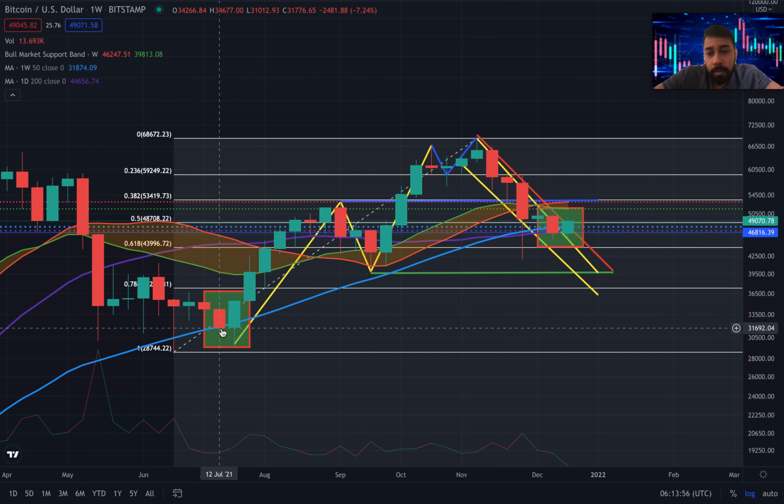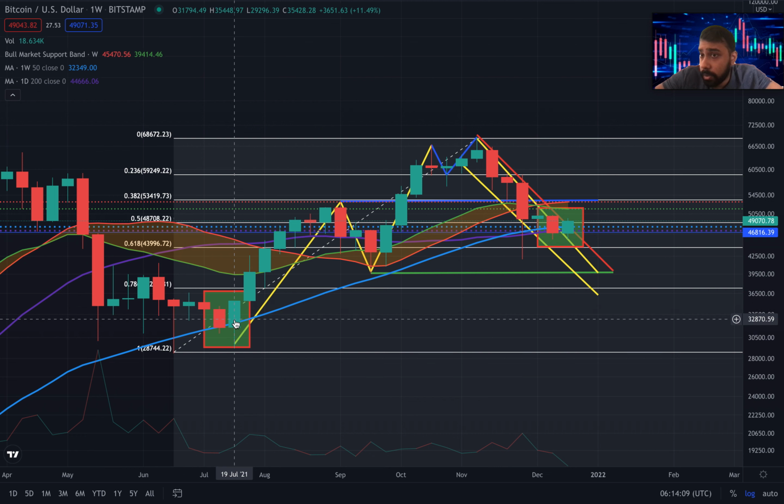We had a red bar, a green bar, both that broke the 50 week, found support a little under that. So the 50 week here was 32,349, and our low was 29,296. So that was about a $3,000 difference.